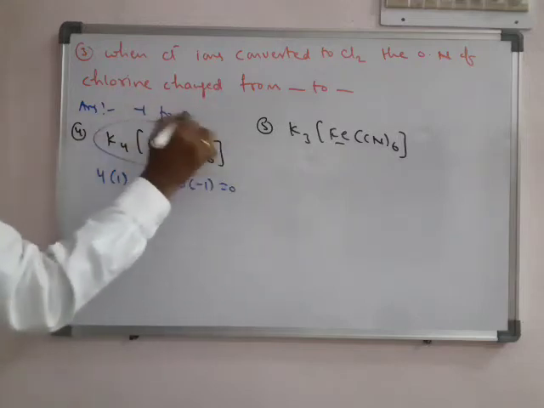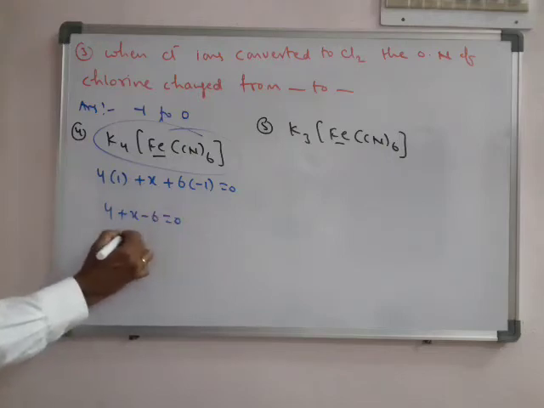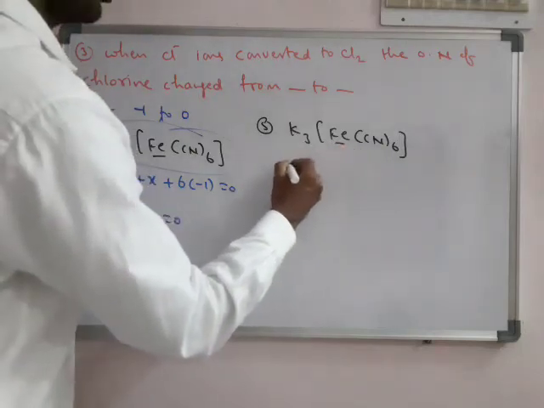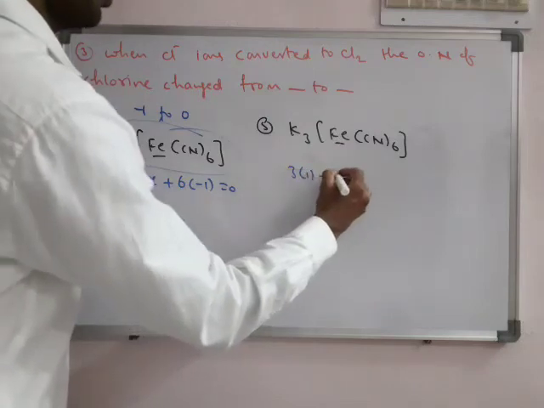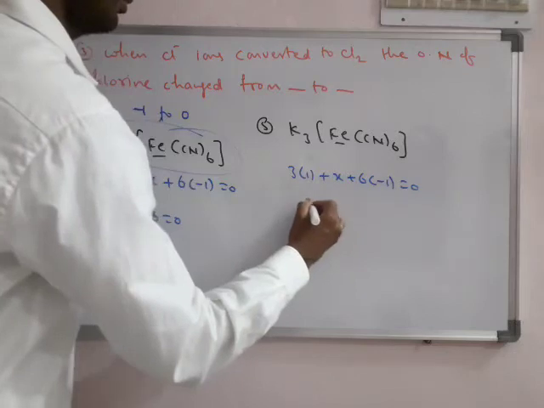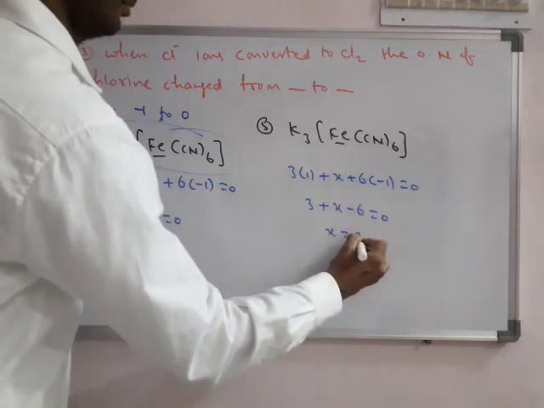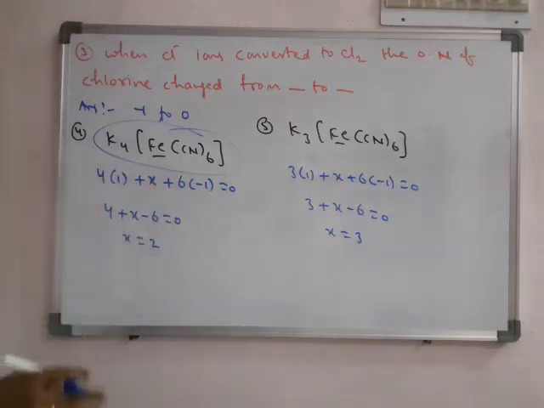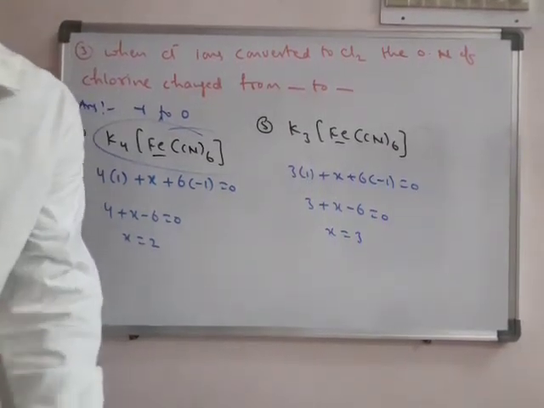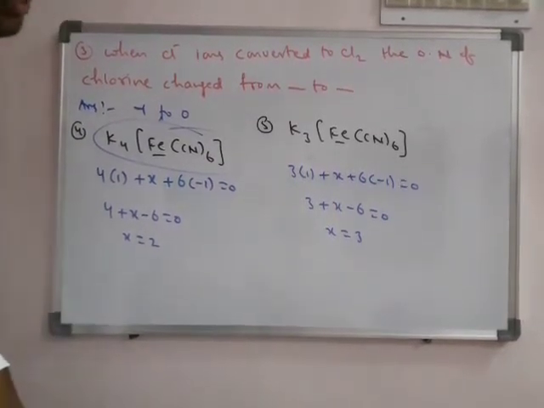Overall charge is 0. Here the iron charge, 3 into 1 plus x plus 6 into minus 1. Here iron is in ferrous condition, here iron is in ferric condition. So most complex compounds involve metals like iron, chromium, and so on.